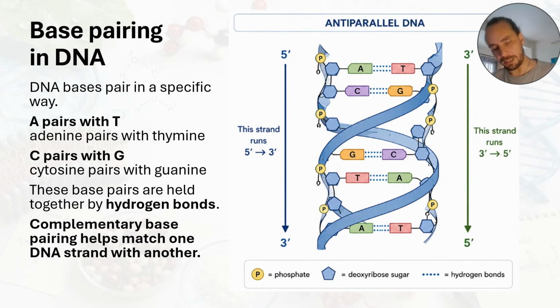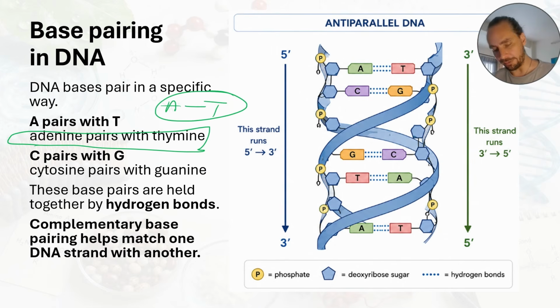Now, base pairing in DNA. In base pairing, adenine pairs with thymine. So A and T will always pair with each other, and they form two hydrogen bonds between them. And then cytosine pairs with guanine.